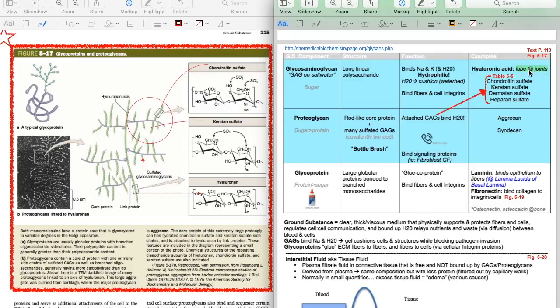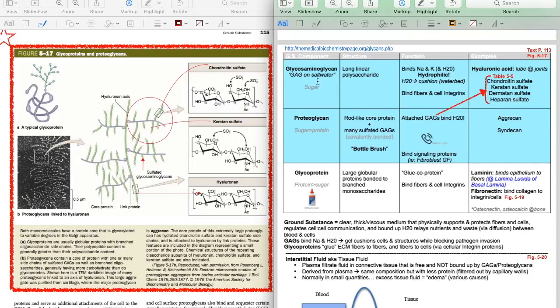Also, I kind of skipped over this, but this is essential for basically lubrication in joints. If you see something about a joint in the body, you've got to be looking for hyaluronic acid in your answer choice, and also potentially chondroitin sulfate is associated with joints as well, but especially hyaluronic acid.